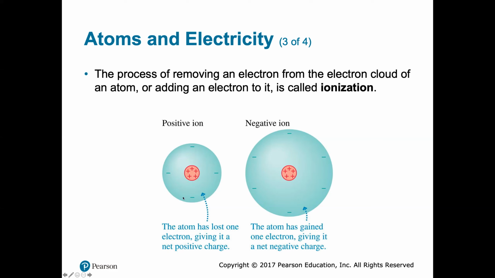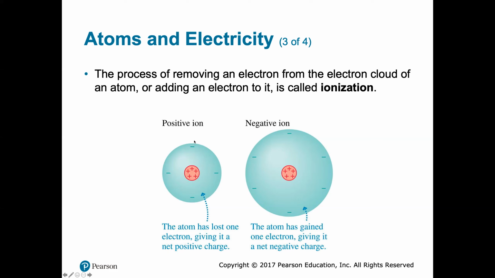Then this atom is no longer a neutral atom. It becomes an ion. An ion is an unevenly charged atom.